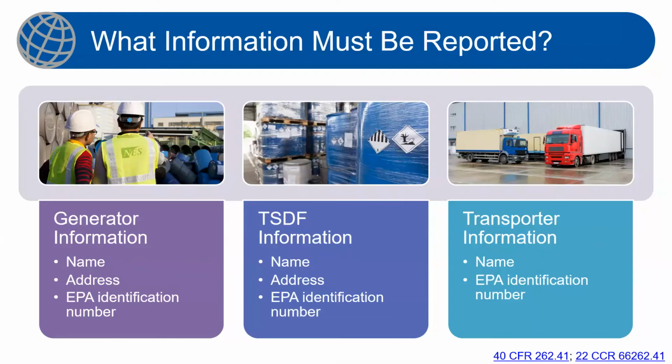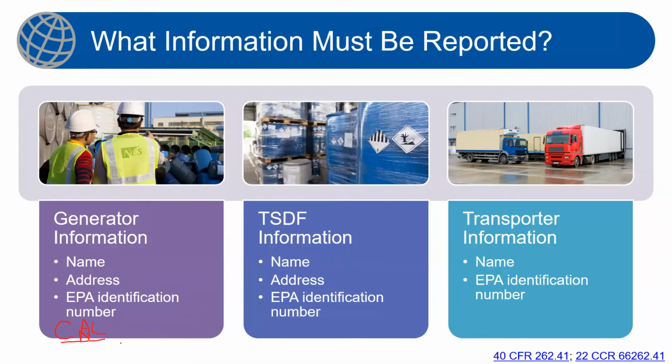Your site could have an ID number that has been issued by the state, the Department of Toxic Substances Control, if you are not required to have a federal EPA ID number. And that state-issued ID number for your facility would begin with the prefix of CAL.